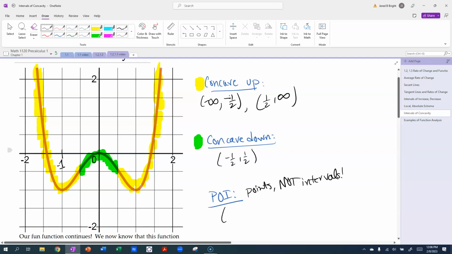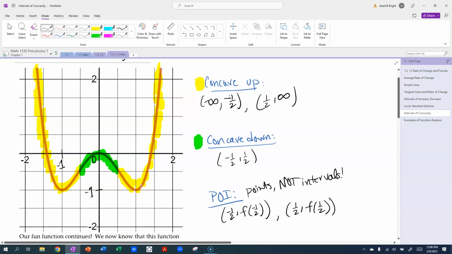So I would say here that this would be -1/2, comma, well, to make it simple, I might do f of -1/2, which actually looks to be about -1/2. And then the other point would be +1/2, comma, whatever the function is at 1/2. Again, based on this scale, if this is -1, both the y values here seem to be about -1/2.